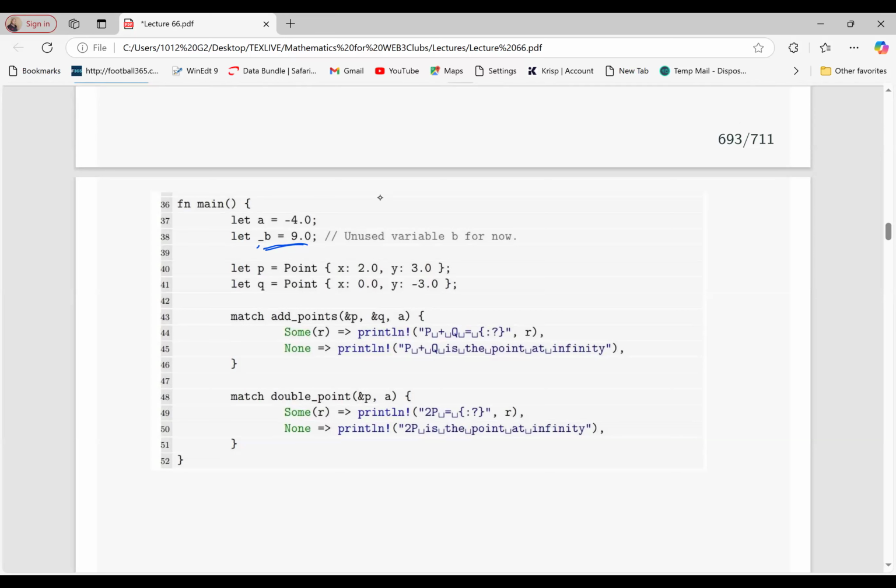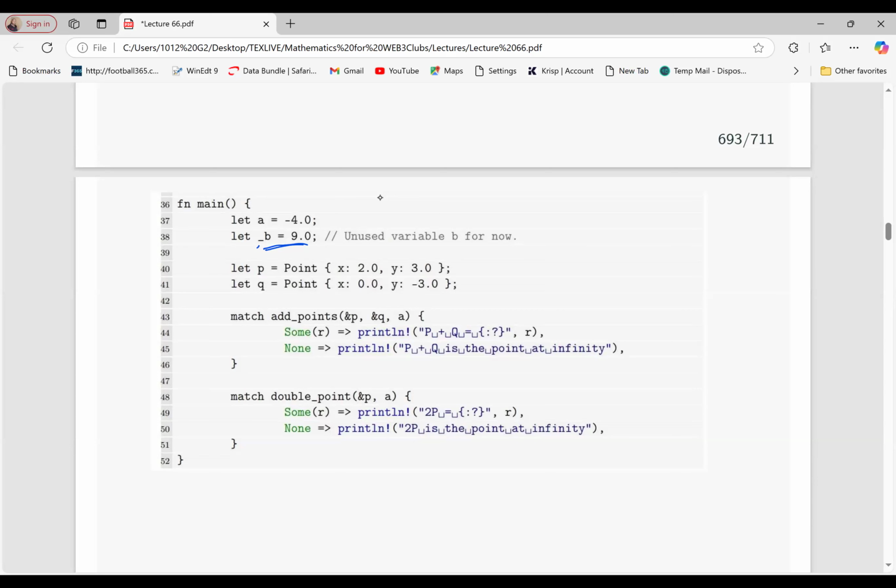If I remove this underscore, then the program will run with errors, because it will tell me that this b is not being used. So I put the underscore to suppress it, otherwise the program will complain that my formulas are not using it. And of course, none of my formulas is supposed to use this b.